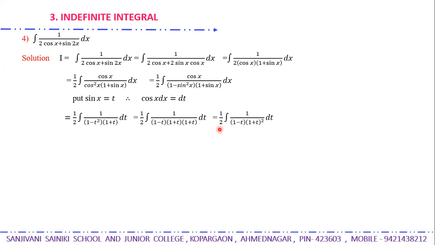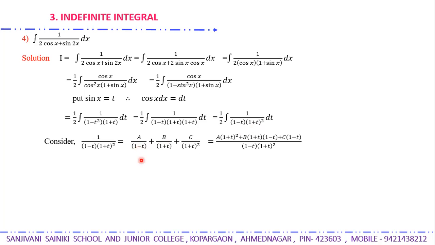Now here the second type: the factors are linear but repeated. And when factors are repeated, how to find the partial fractions? A upon a linear factor, plus b upon one of the repeated factors, 1 plus t, plus another constant c upon the two repeated factors, 1 plus t bracket square.